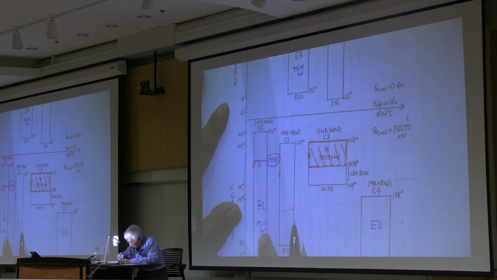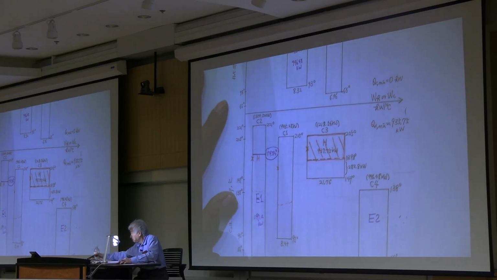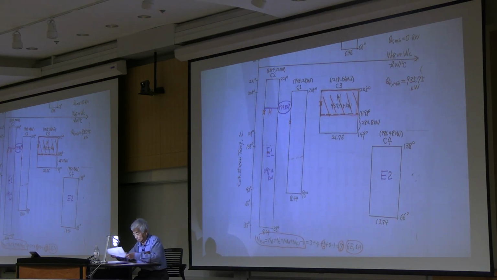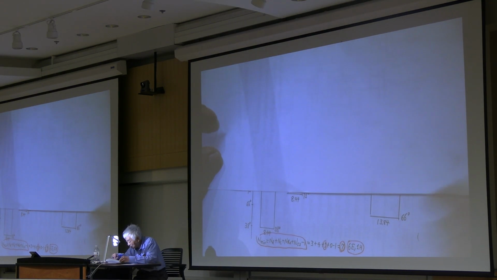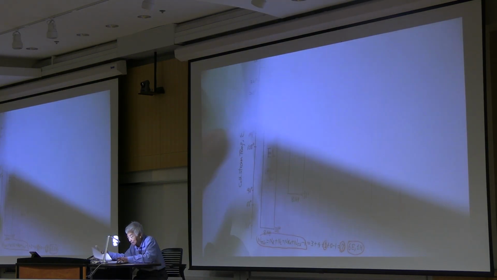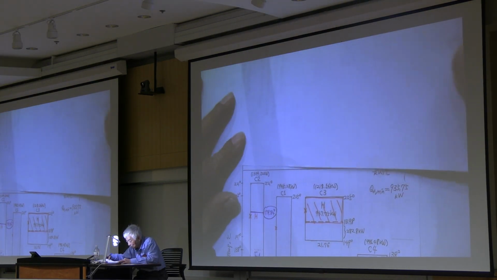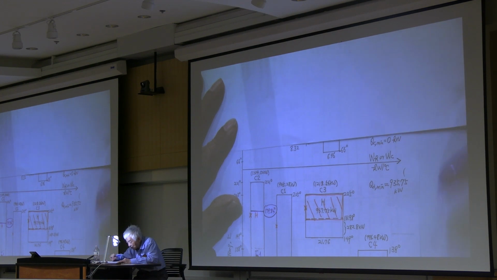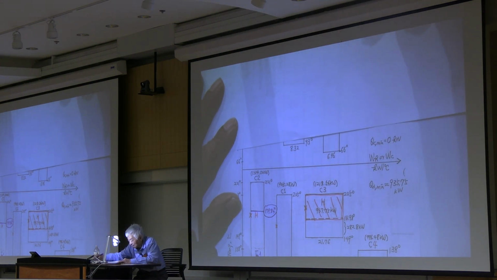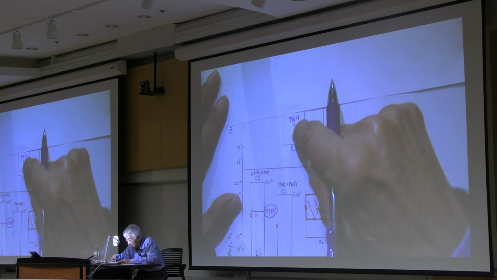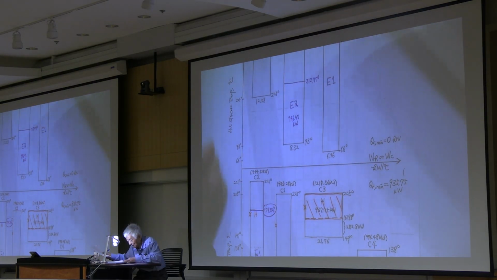So I take care of two blocks by going from bottom up. Lowest temperature, second lowest temperature on the top side, lowest temperature hot stream, second lowest temperature hot stream.